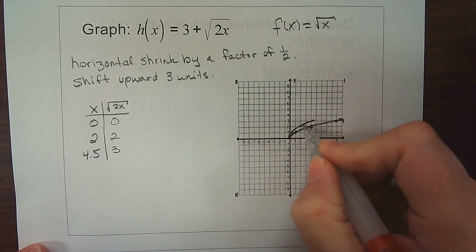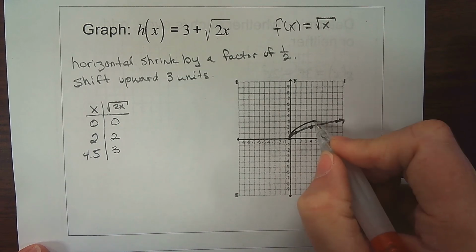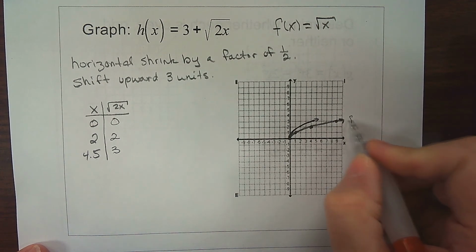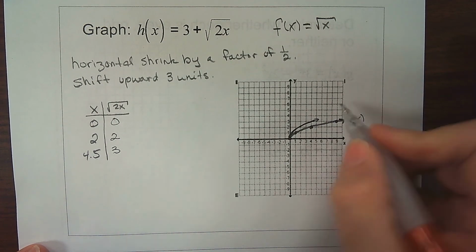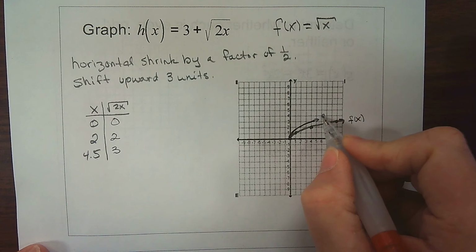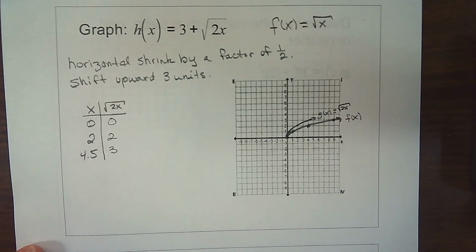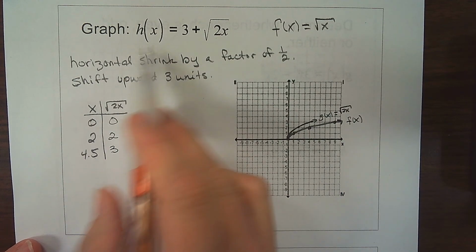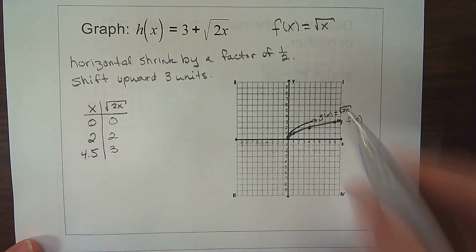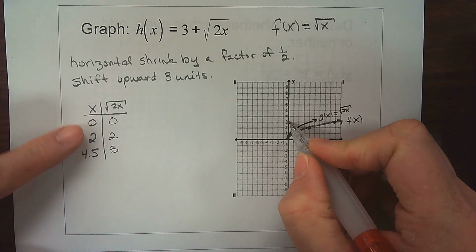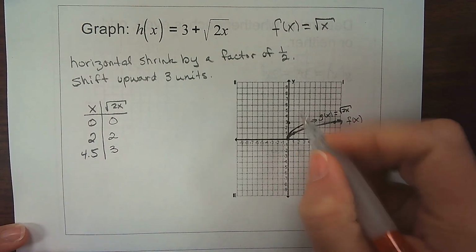So I'm going to deepen that a little bit as well. Yes, it does still extend out. There'd be an arrow on it. So this is my original f of x. This is the function, maybe I'll call it g of x, which is just the square root of 2x. So my final function here, h of x, needs to be shifted up 3 units. So I'm going to take each of the points that I had put in my table here, and I'm going to move them up 3 units.